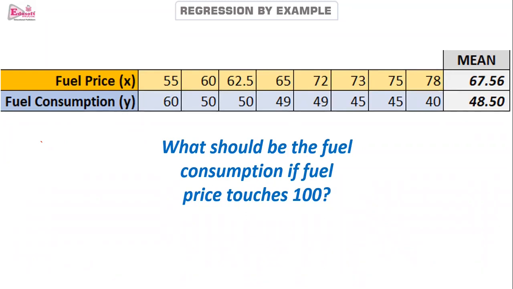Now, looking at this, I can easily predict what will happen if the fuel touches 100 rupees. I have to think, if fuel is touching 100 rupees, how much consumption I have to maintain to keep my business running and the profits coming in, or at least minimize the costs. This kind of analysis I can do with the help of regression.